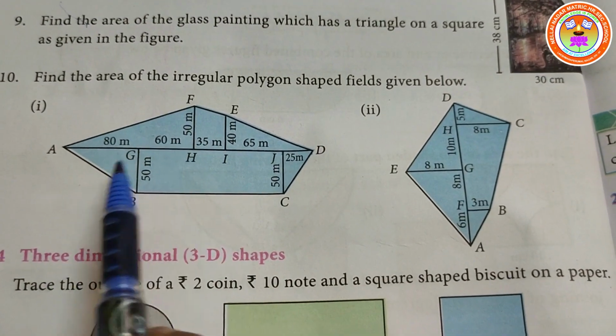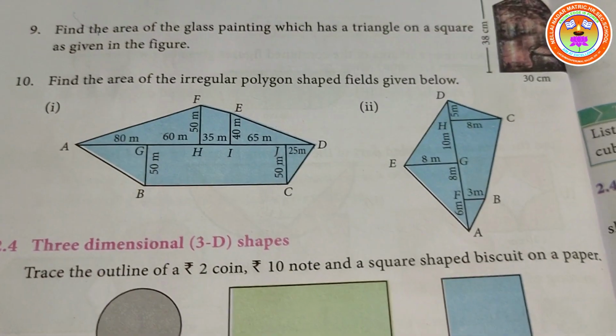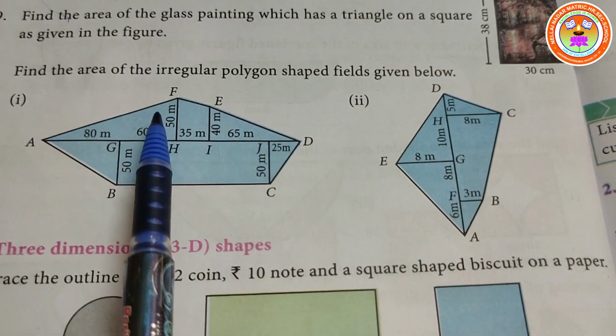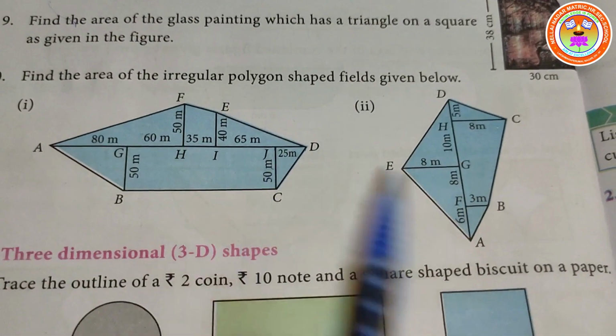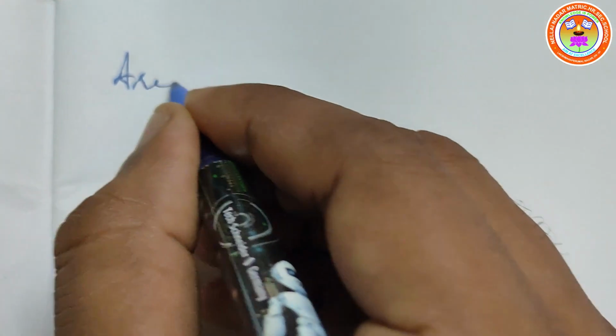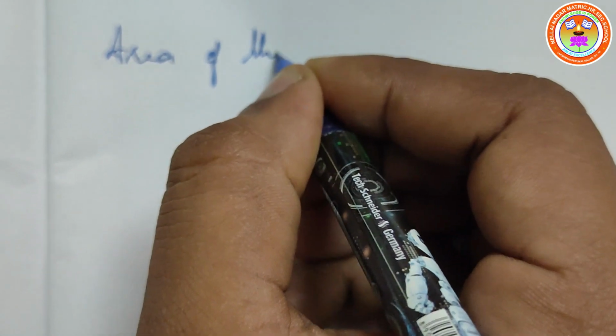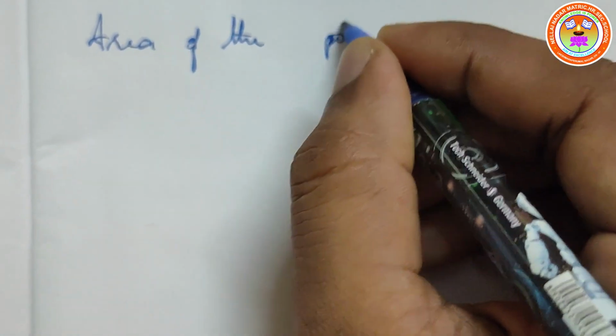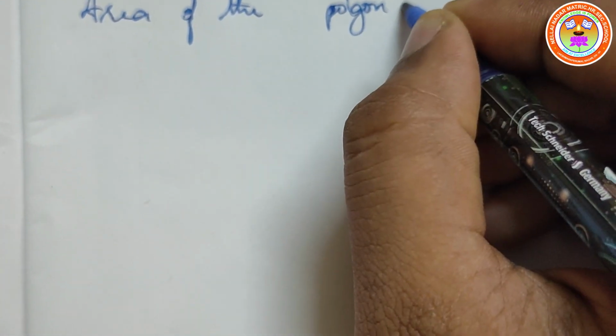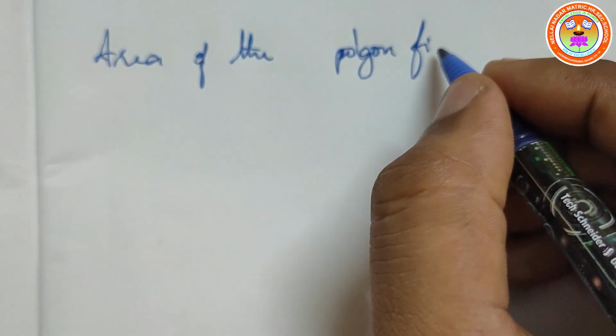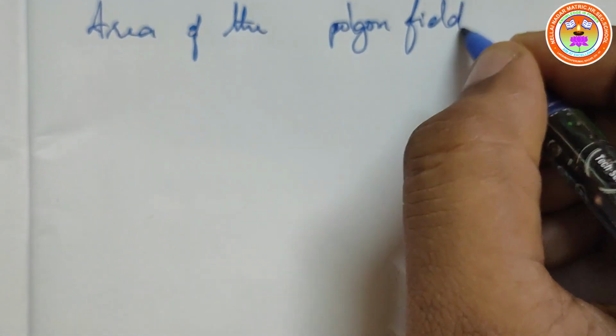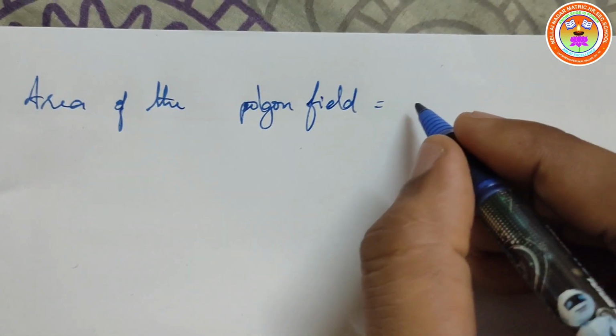1, 2, 3, 4, 5, 6 parts we completed. If you want to find the area of the full part, it is easy to add all the separate things. So now area of the field, polygon field equal to, what is the first area?